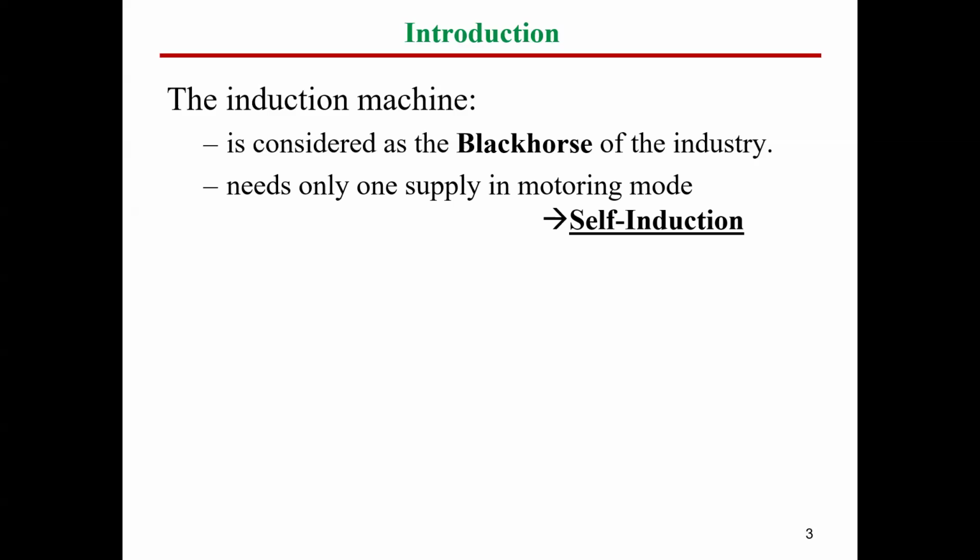In the DC motor, we have the armature winding on the rotor side and the field winding on the stator side, so we have a source of field. But here in the induction machine, we just have a single source, and the flux is induced or self-induced. This is one of the advantages and why we use it a lot in industry.